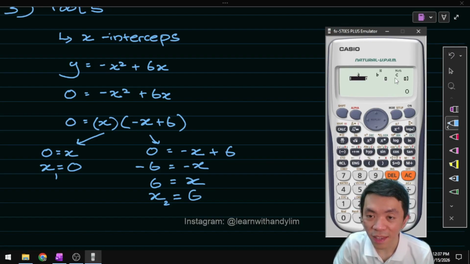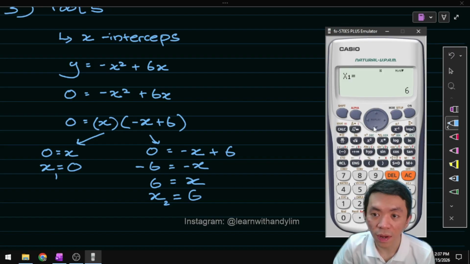Once you are inside, you just key in the a, b, and c values. In our case, my a is negative 1, my b is 6, my c is 0. Then I can get my x1 and x2: 0 and 6.